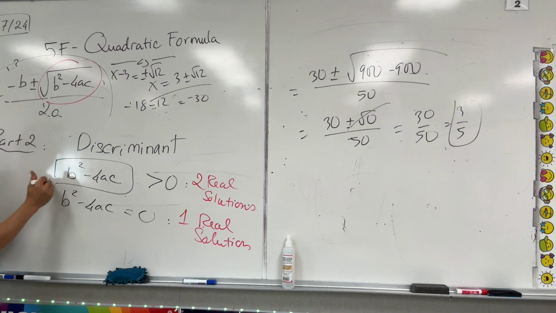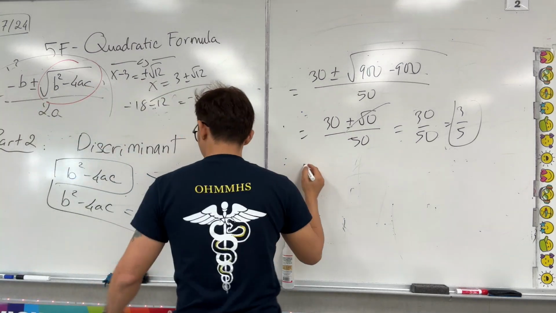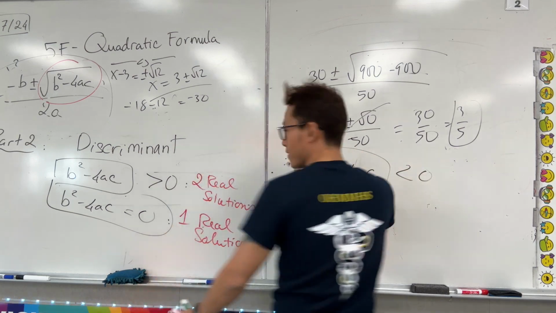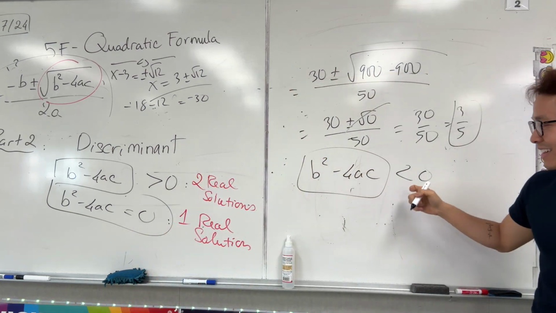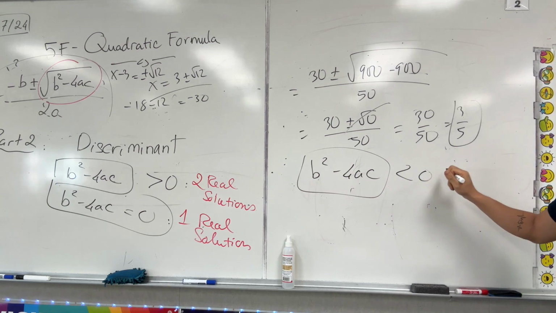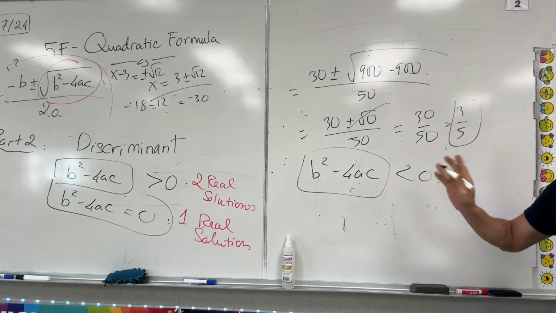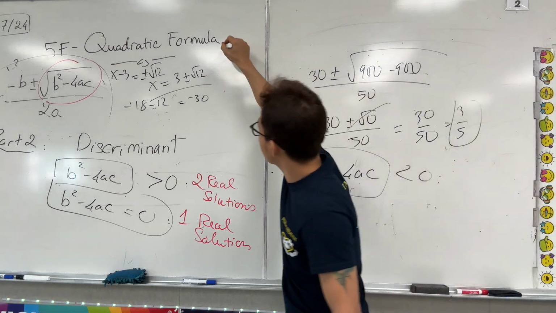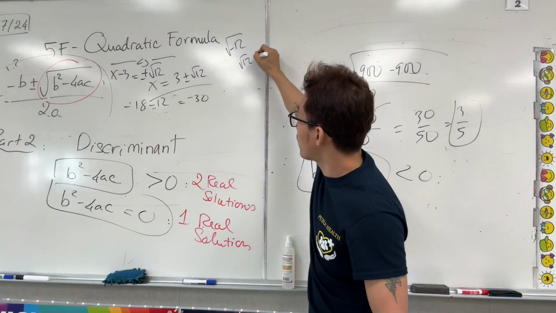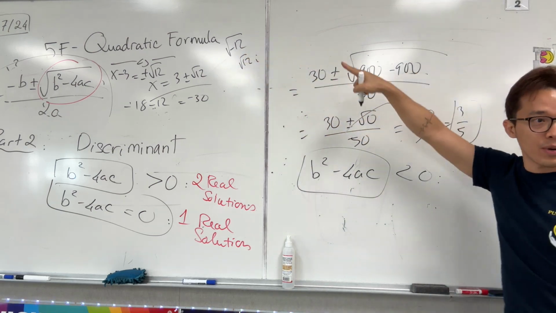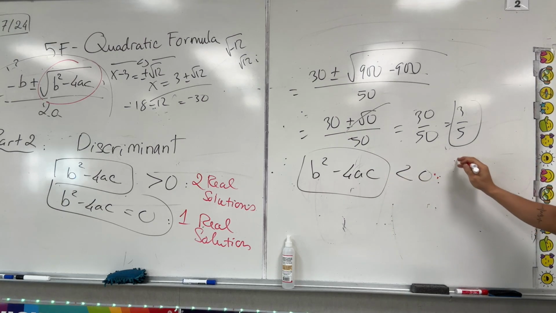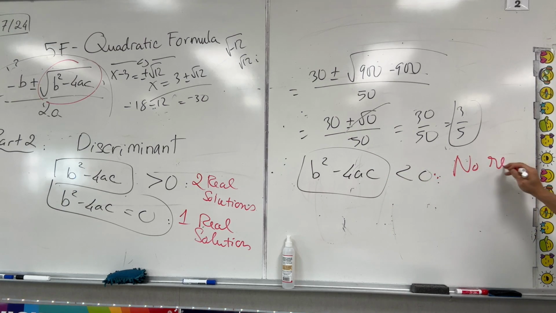And when this discriminant is less than 0, how many real solutions? None, right? Because if this one is negative, you're going to have i, and that is an imaginary solution. Not real. So when it's less than 0, no real solution.